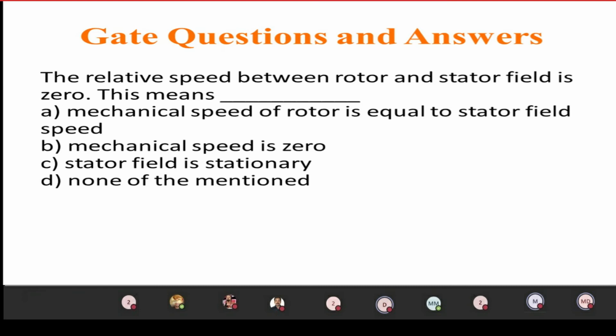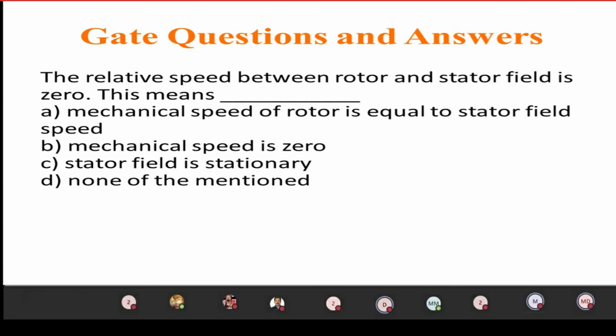This means the mechanical speed of rotor is equal to stator field speed. Or, mechanical speed is 0. Or, then stator field is stationary. Or, none of the mentioned.